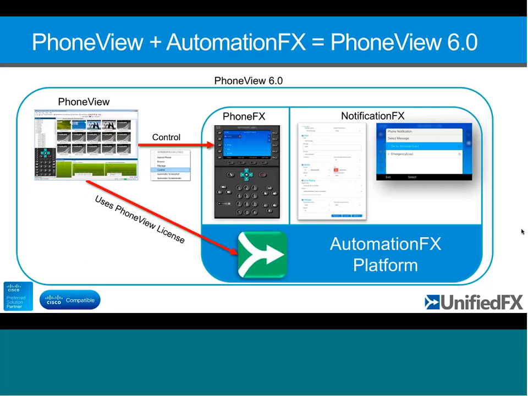That's still there, but to make things simpler, we've skipped the licensing component in AutomationFX. You don't have to do that because we'll be able to map it from the license data that you already have in PhoneView. So we're effectively taking the cluster data and the license data that you already have in PhoneView and fully configuring, enabling and licensing AutomationFX in one button.